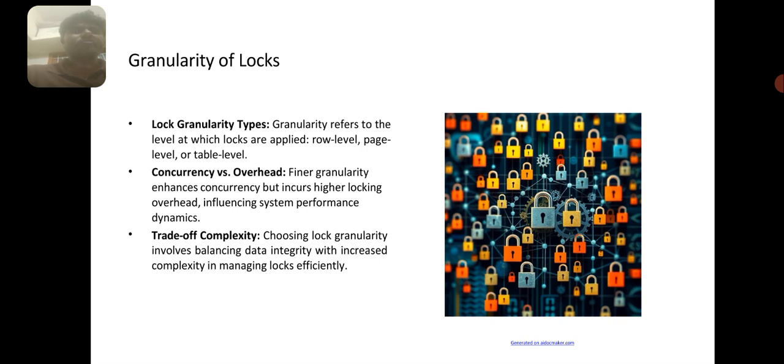On concurrency versus overhead, finer granularity enhances concurrency but includes higher locking overhead, influencing system performance. On trade-off complexity, choosing lock granularity involves balancing data integrity, which increases the complexity of managing locks.